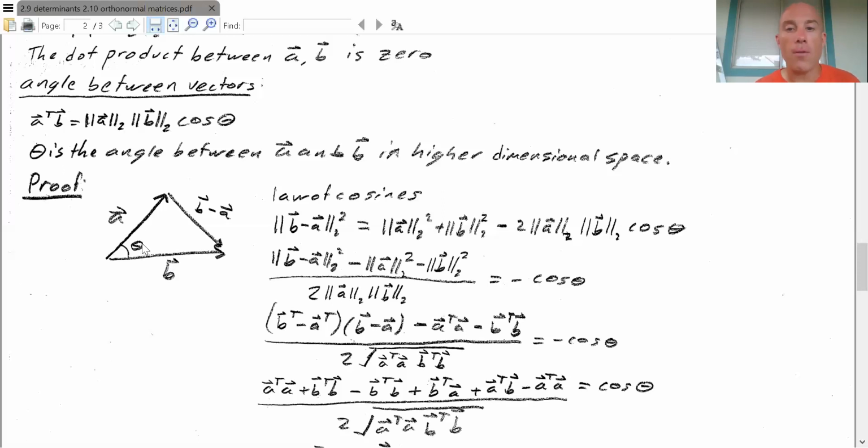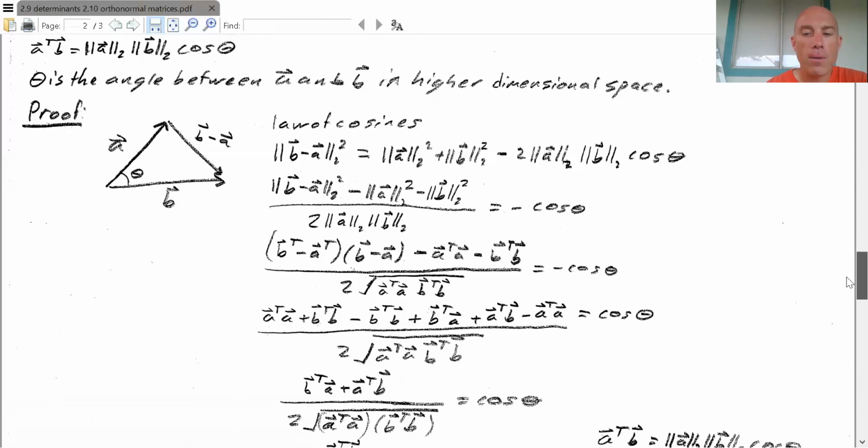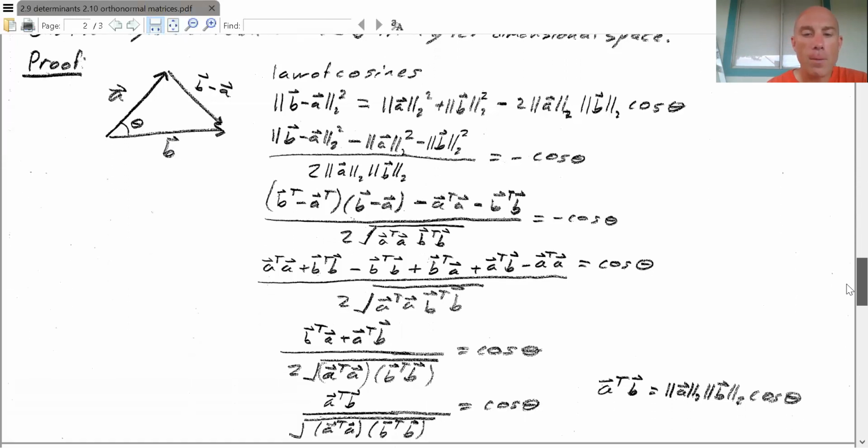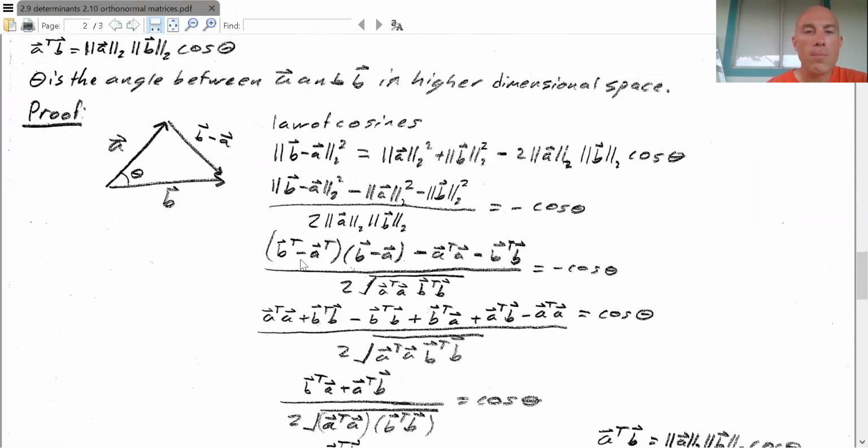That's just the law of cosines. Then I just plug and chug and work it out. It works out beautifully. I didn't do this as directly as I could have, I was just writing it out, but it works out all the same.